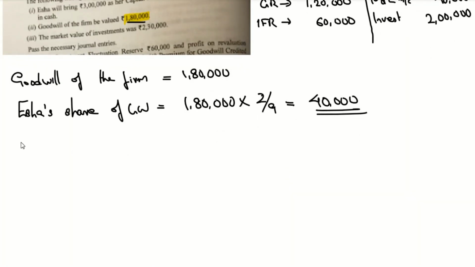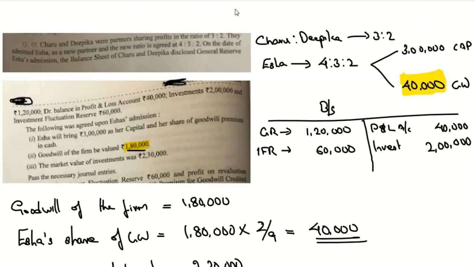Now we have market value of investments. Market value of investment is also given in the question, which is 2,30,000. And the book value of investment is mentioned here. If you see, it is only 2 lakhs.